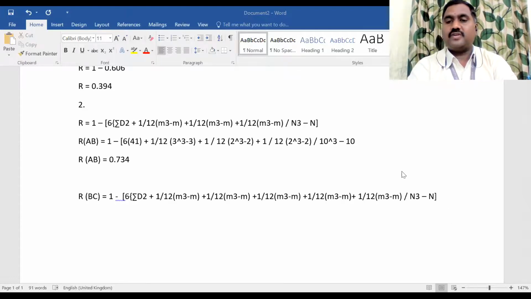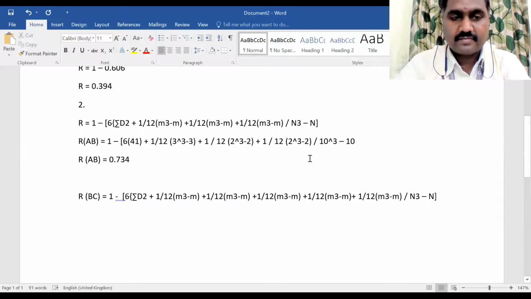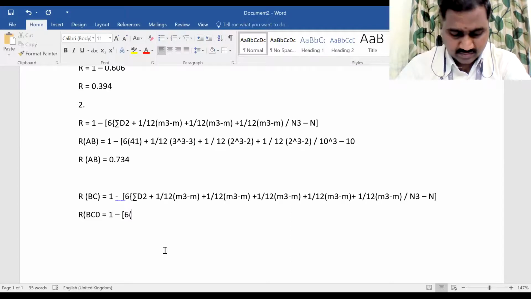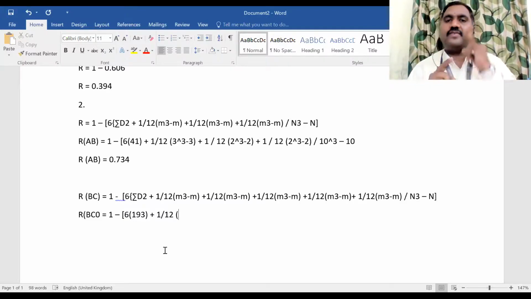Okay, now we need to substitute the value. So now what is the first m value? I'll put the m value. So R of BC, second judge, equal to 1 minus 6 into what is the D2 square, 193, into, plus 1 by 12 into what is the m value for the first number? 5.5 is repeated 2 times.